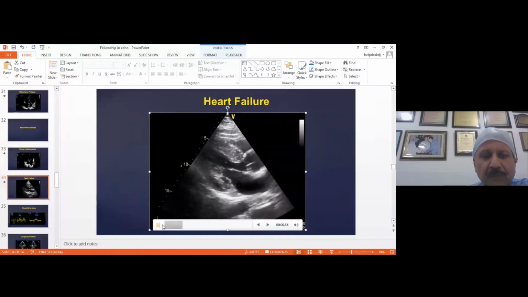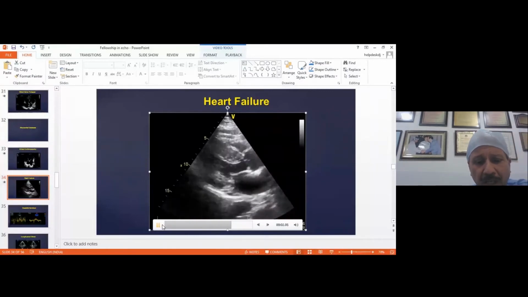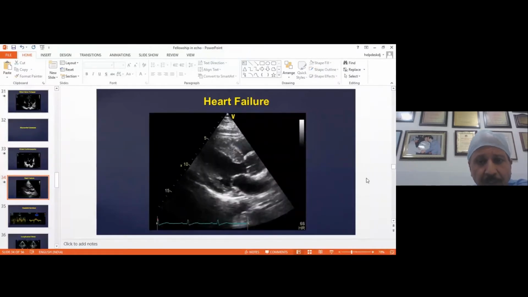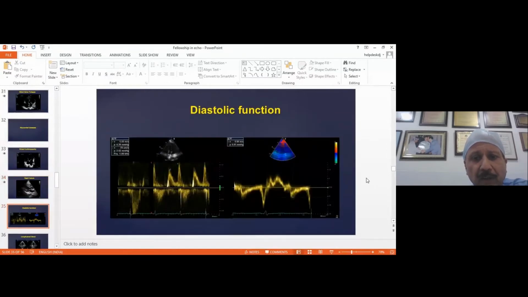Whether a patient with 25% ejection fraction will require a pacemaker, whether he or she requires an AICD, all these decisions are taken by the use of correctly applied echocardiography. So you see how much difference you can make to a person's life by doing echocardiography in clinical cardiology.